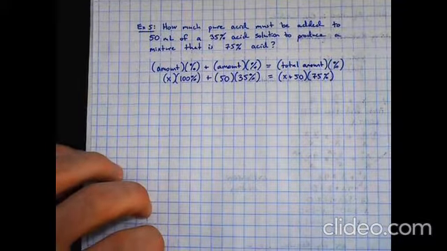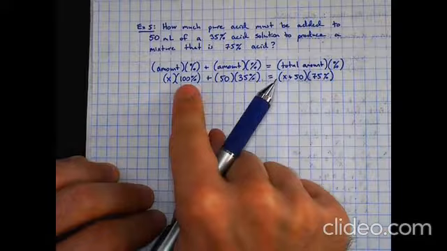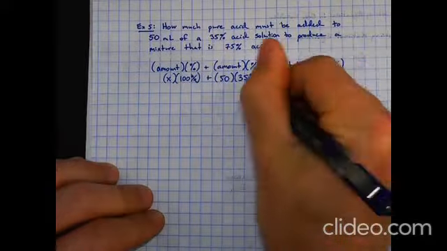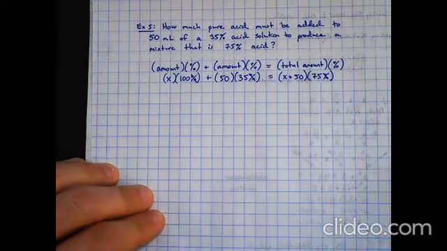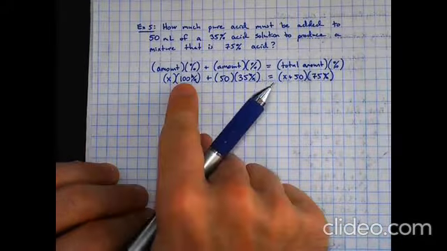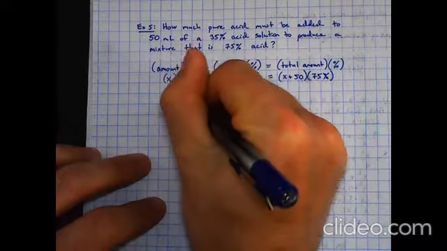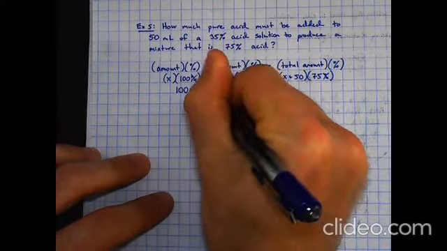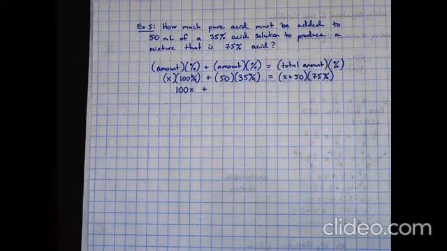Now to make my life easier, I am going to multiply all of these terms by 100, essentially getting rid of these percentages. So this is now 100 times x, 35 times 50, and 75 times 50 and x. So let's go 100x plus 50 times 35. Let's take a small break. I need a calculator.